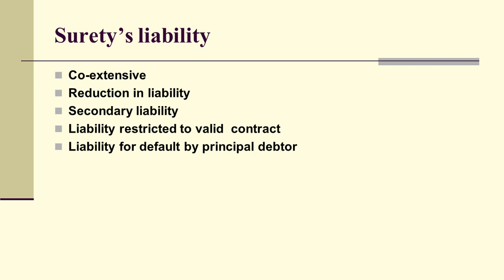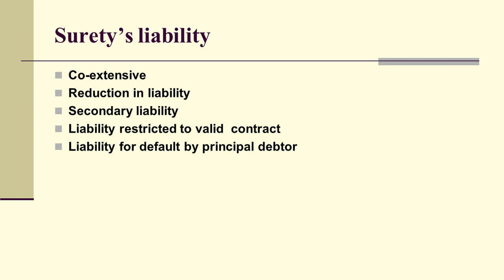Reduction in liability. Reduction in liability means that when the principal debtor defaults or becomes insolvent, the liability of surety becomes reduced. Reduced means the losses will be shared between the creditor and the guarantor or surety.